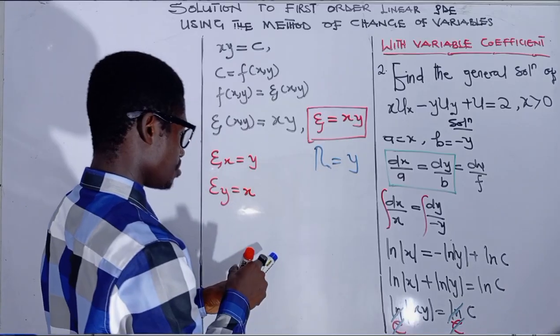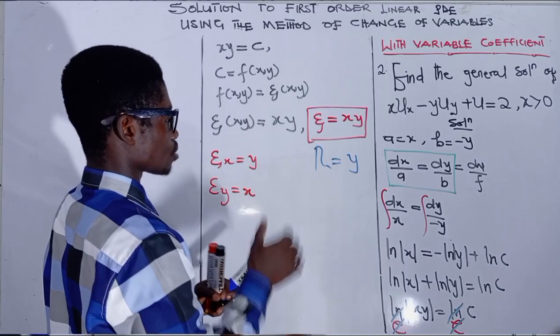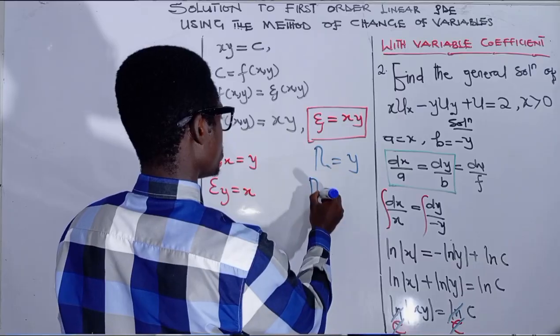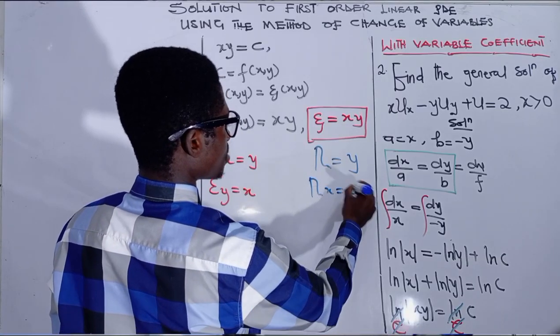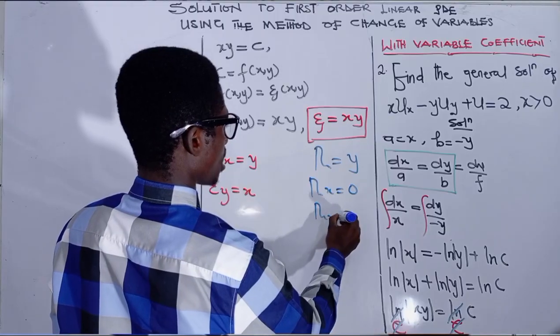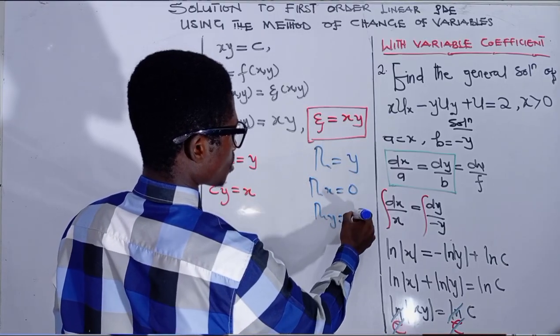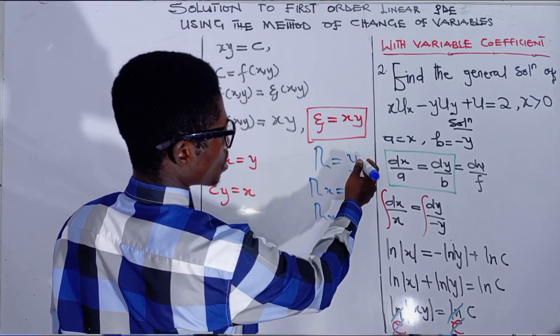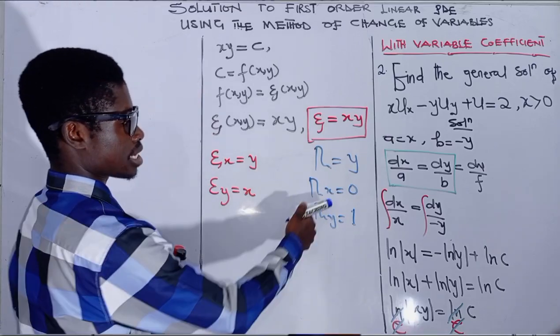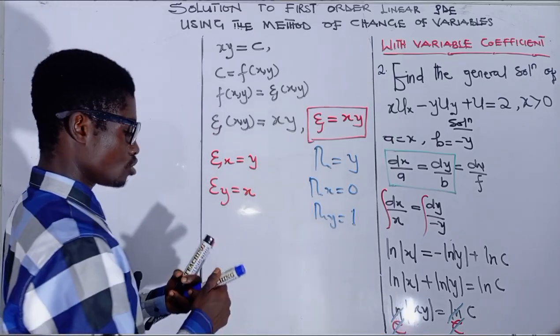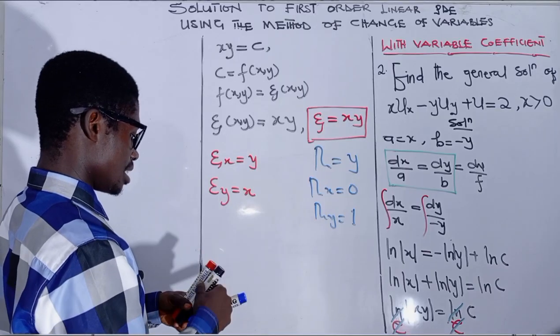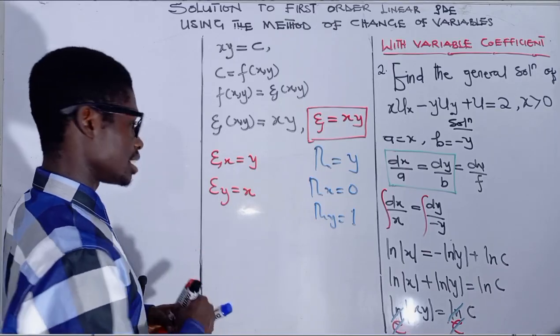Now, once we have this, let's move on to the eta as well. We are going to differentiate eta with respect to x, and that's going to give us 0. And then eta with respect to y, when we differentiate y with respect to y, we get 1. Since there is no x, we write 0. That is why eta x is equal to 0. Now, once we have this, we plug it into the expression for ux and then uy.